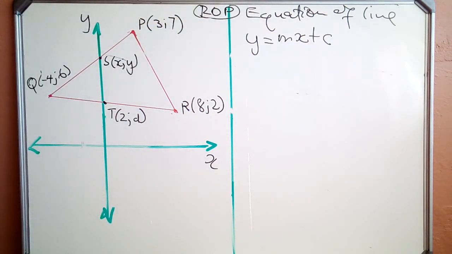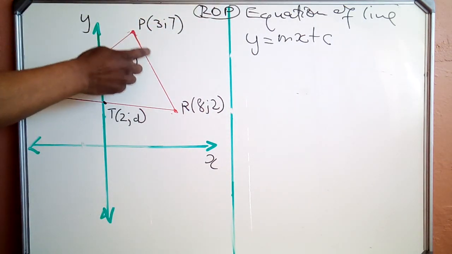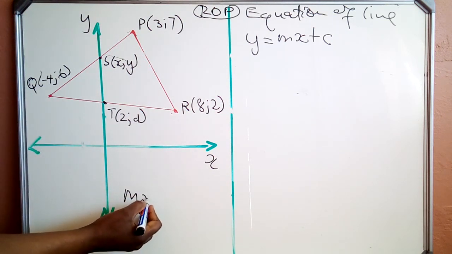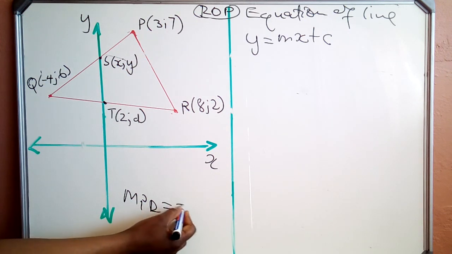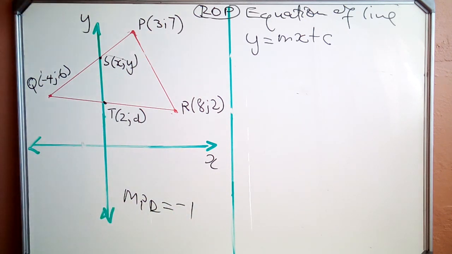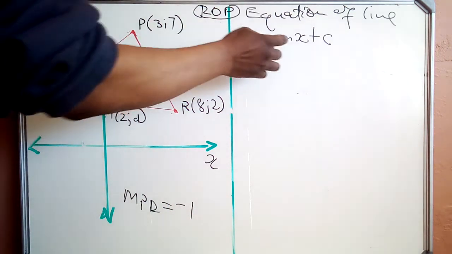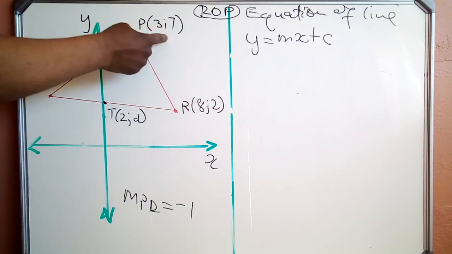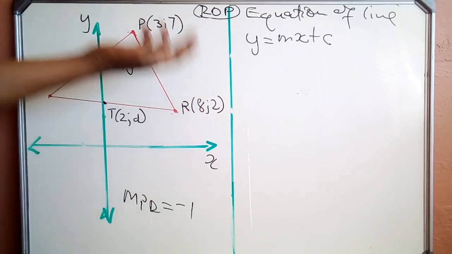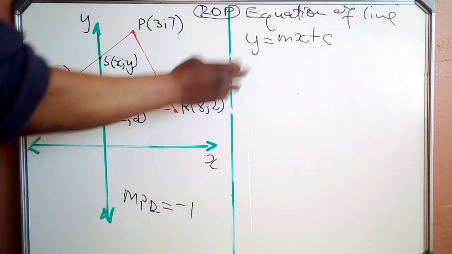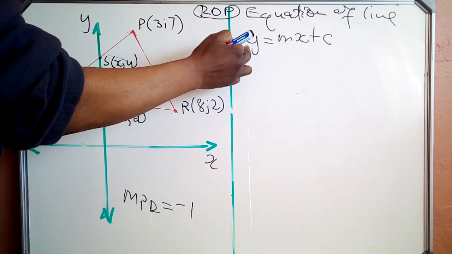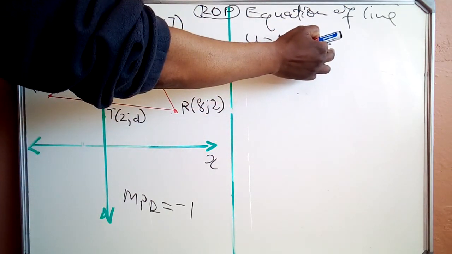Now that we found the gradient of PR being equal to minus 1, next we know that our gradient will be this part. We can choose any point that we want to use, either this or that. Let's start with R. Substitute R there. We've got y is 2, and we want to find c.